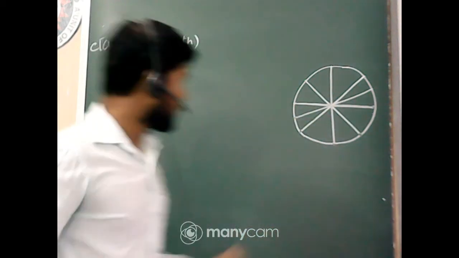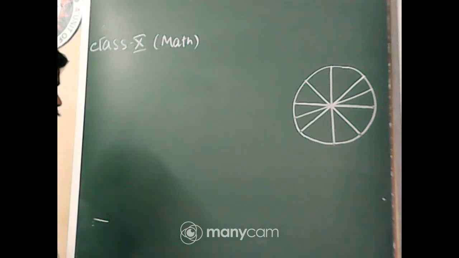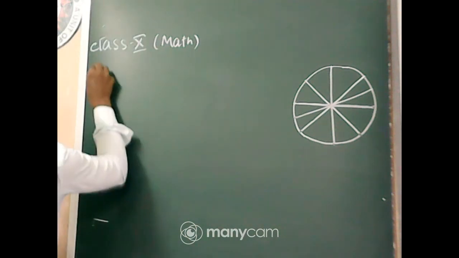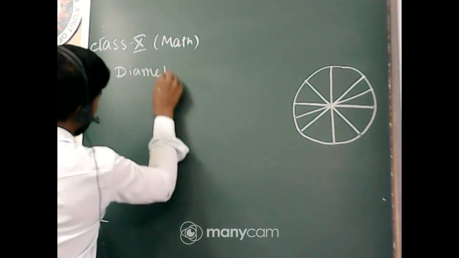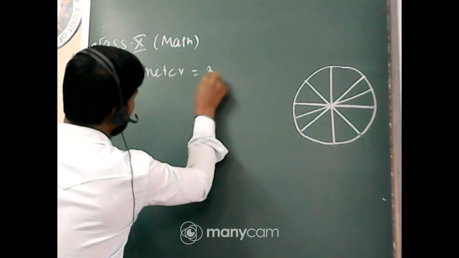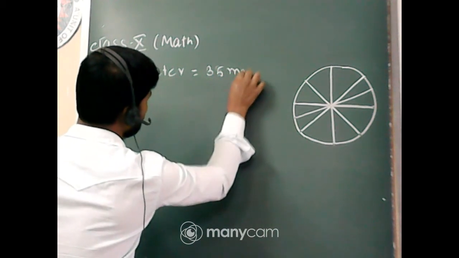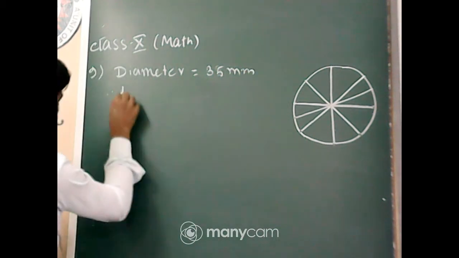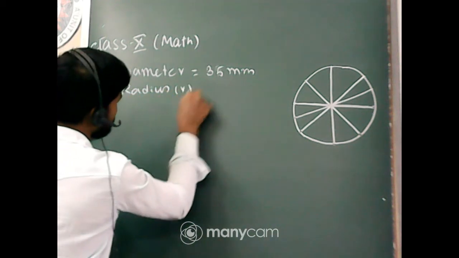Its diameter is given as 35 millimeter. So what will be the radius of the brooch?